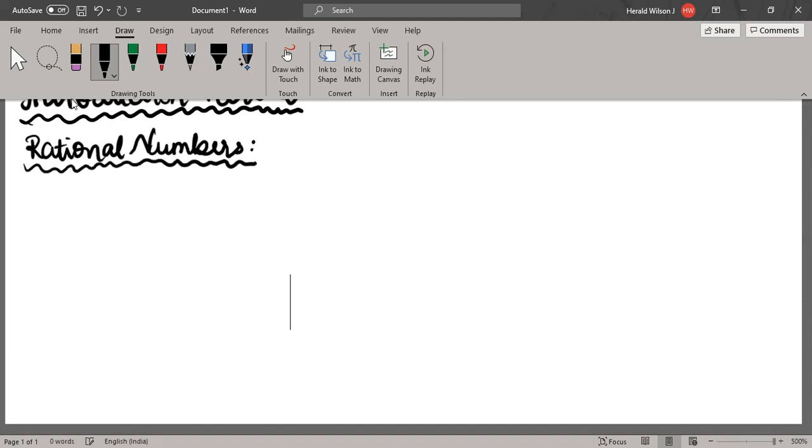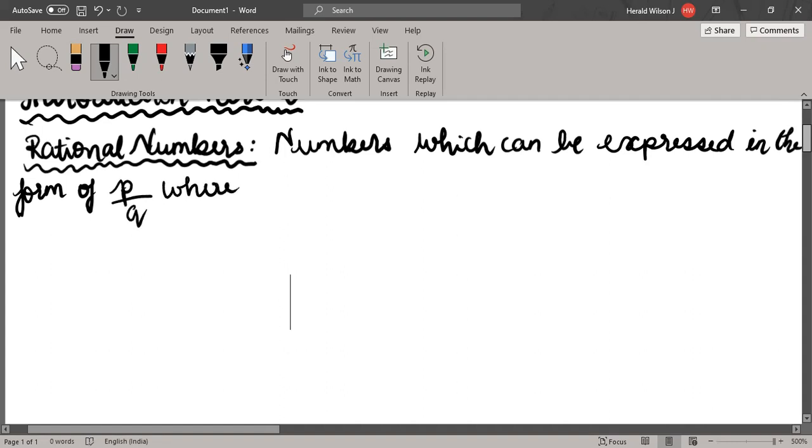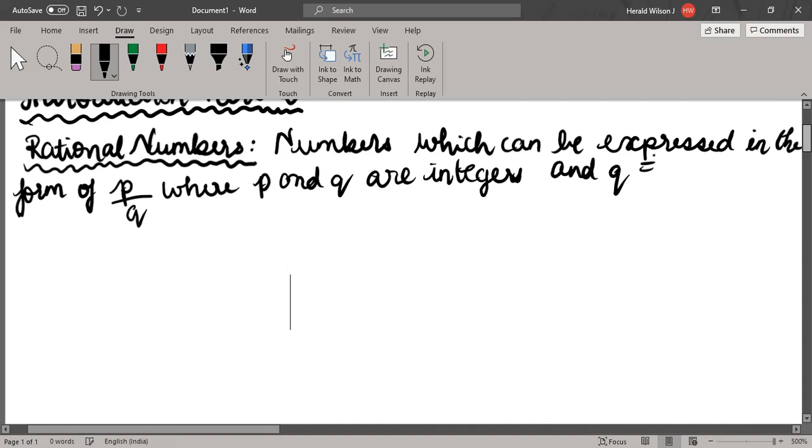So rational numbers are nothing but numbers which can be expressed in the form of P by Q, where P and Q are integers, and Q is not equal to 0.